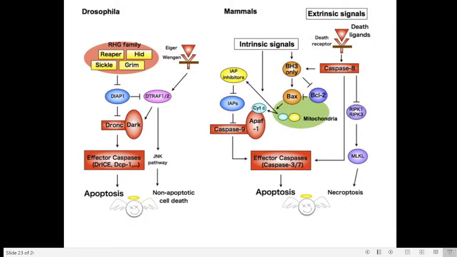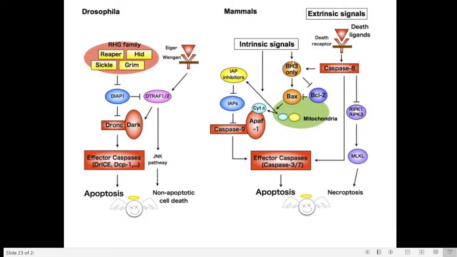Here the executioners are caspase 3 and 7 in humans. In Drosophila, DRICE and DCP1 are the executioners. The caspase 3 and 7 complex activates apoptosis.